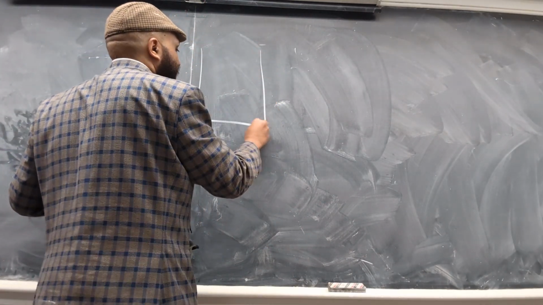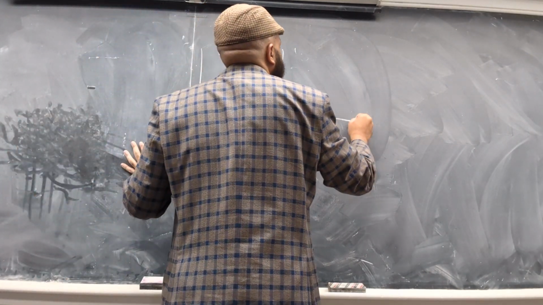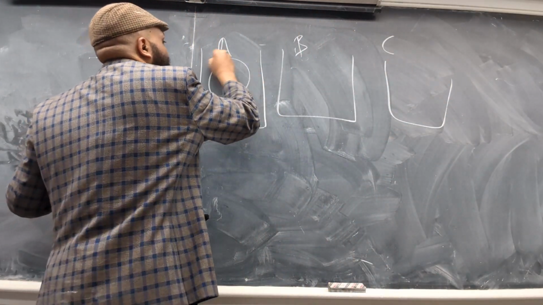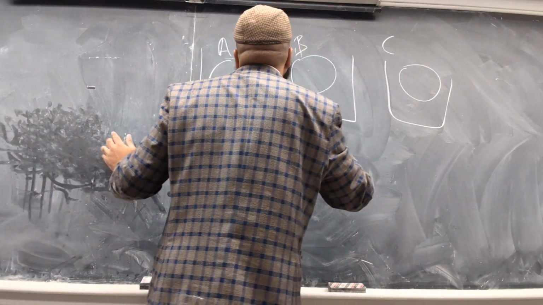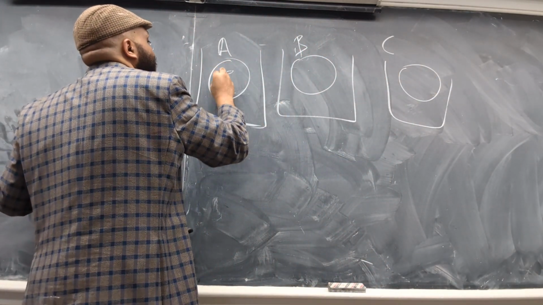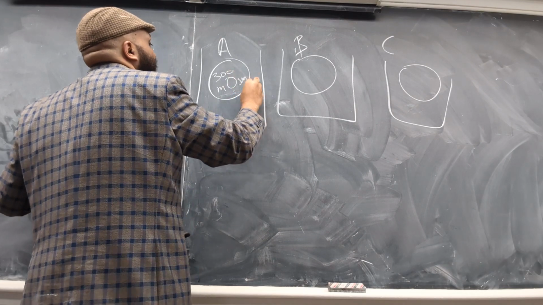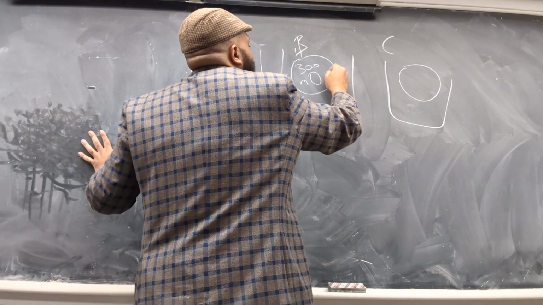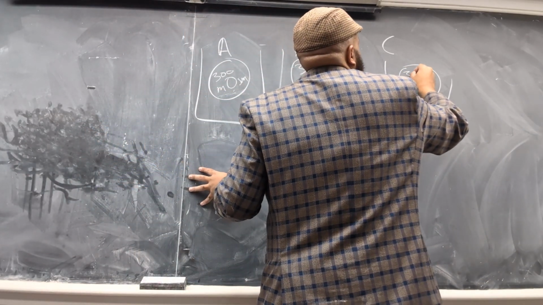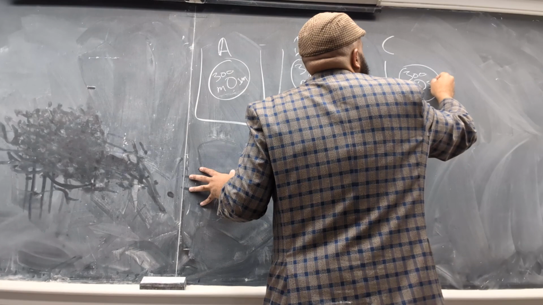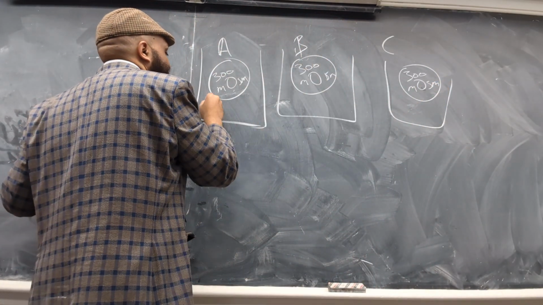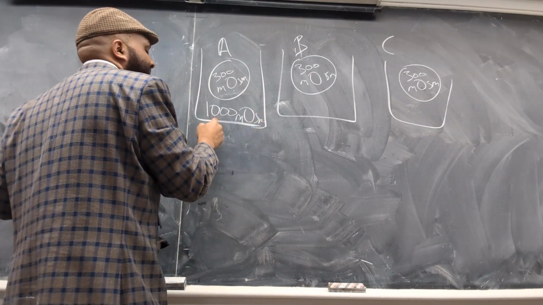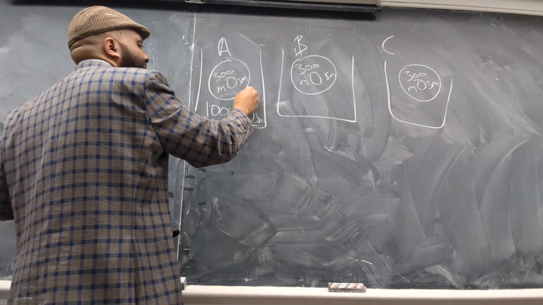So if we have 3 beakers, A, B, and C, and we have a red blood cell in each of them, and the red blood cell has 300 milliosmoles inside. But for A outside, it's 1,000 milliosmoles.